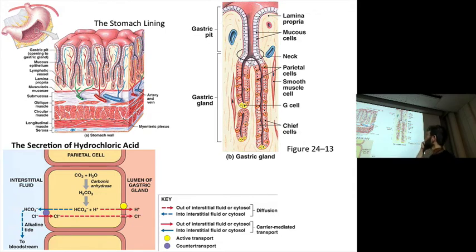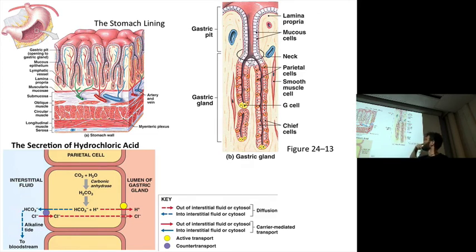These gastric pits are lined with mucus cells. The job of the mucus cell is to produce mucus to help liquidify the food that is in there, to help make it nice and slimy so it'll pass through the GI tract unimpeded. And then descending from these gastric pits are gastric glands.